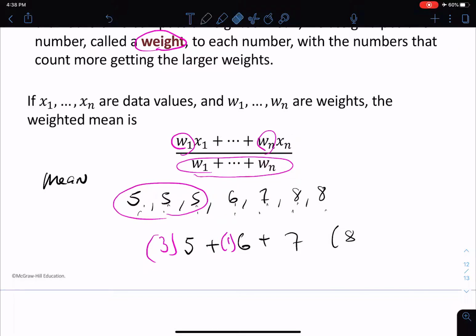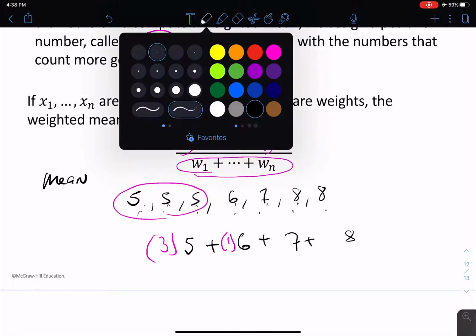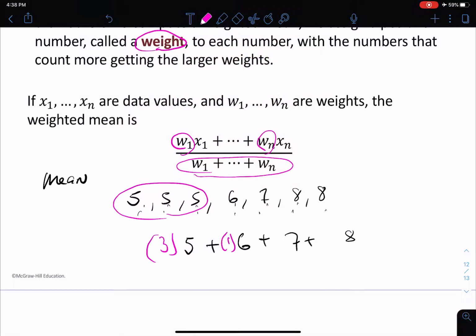We have 8, which has a weight of 2. Okay, and if I really wanted to show it, 6 had a weight of 1.